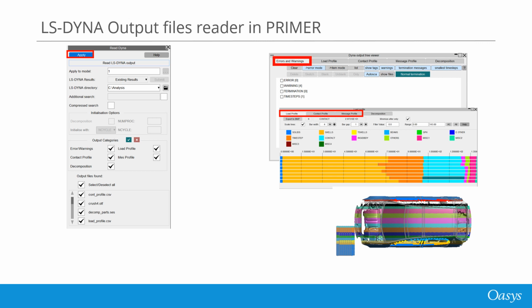Log files like OTF, D3HSP or message files, contact load profile files with extensions .csv and .xy, and decomposition files, the file names with extensions .ses. Once the apply button has been pressed, Primer will open the DYNA output tree viewer in error mode, and this will display all the errors and warnings associated with that model.